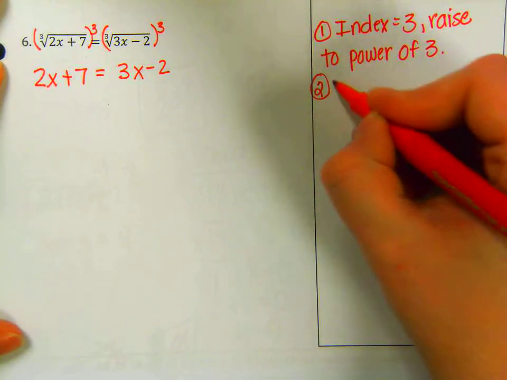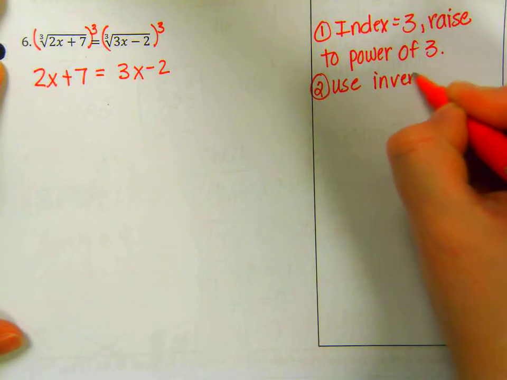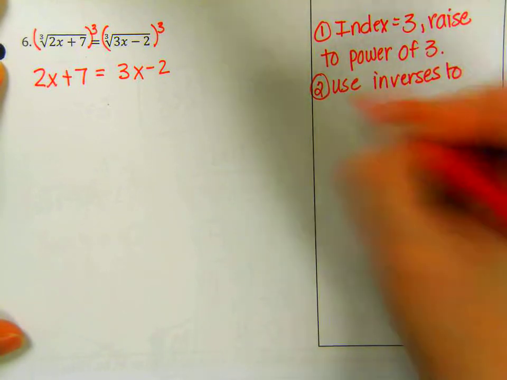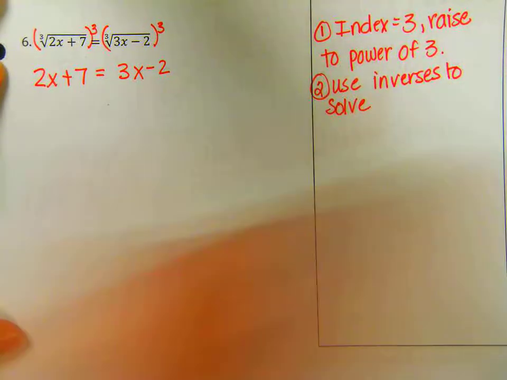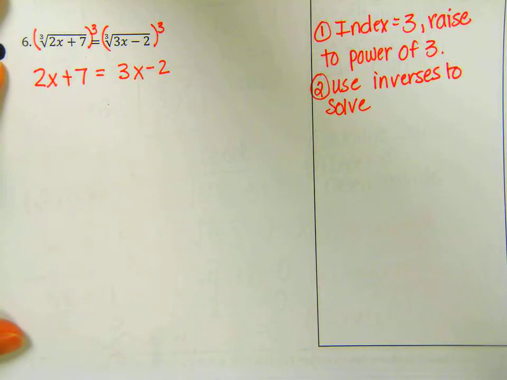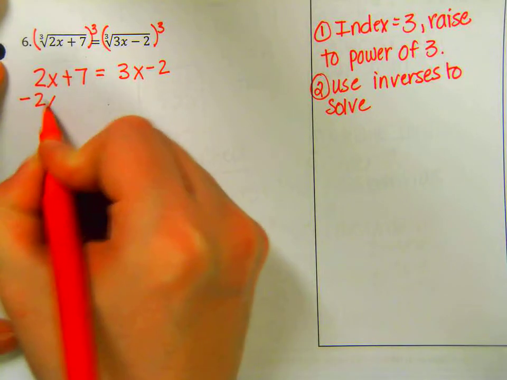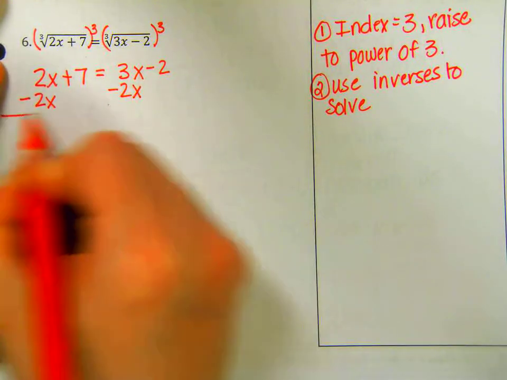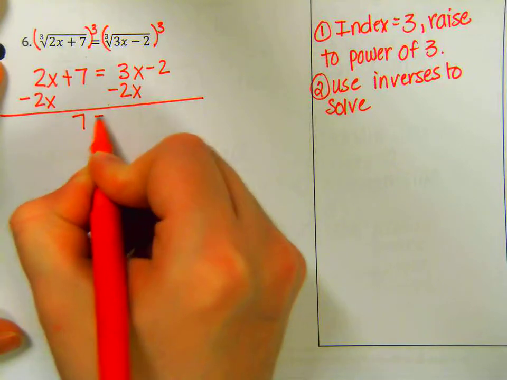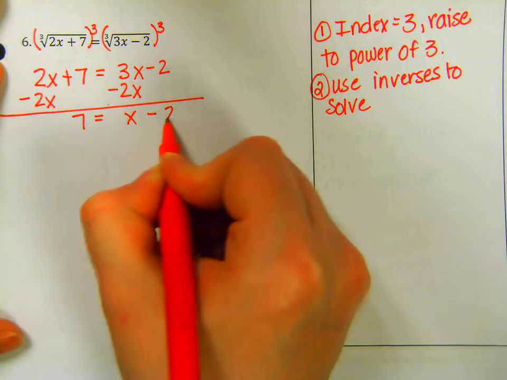Second step, use your additive inverse. I'm going to subtract 2x from both sides. I don't care where you start. So 7 equals x minus 2.